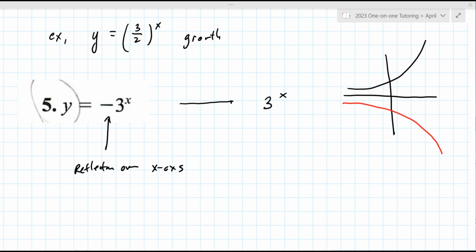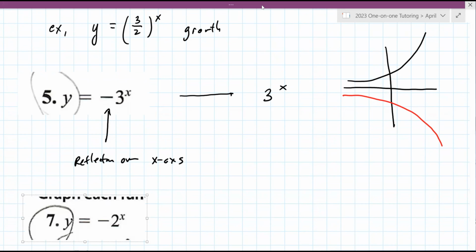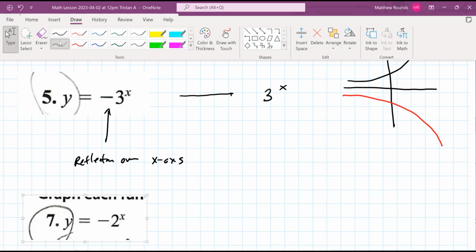All right, so number 7 is very similar. Could you, on your paper, based on what we've just done, draw the graph of this one? I would recommend breaking it apart into this first part and then using the same transformation on this in front. I'm not going to ask you to send it to me. I'd just like you to try and sketch this on your own, if you don't mind.